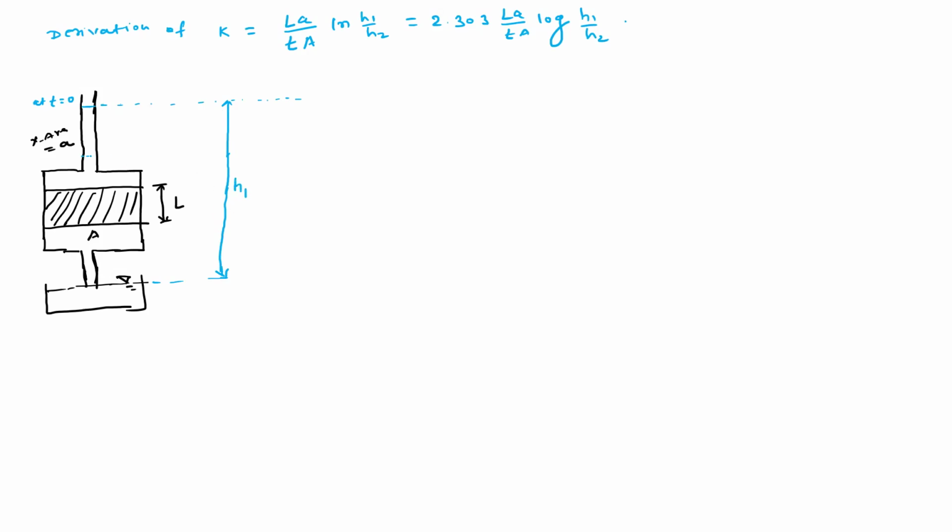At time t, the head causing flow is h2. So delta t is the time taken, t.